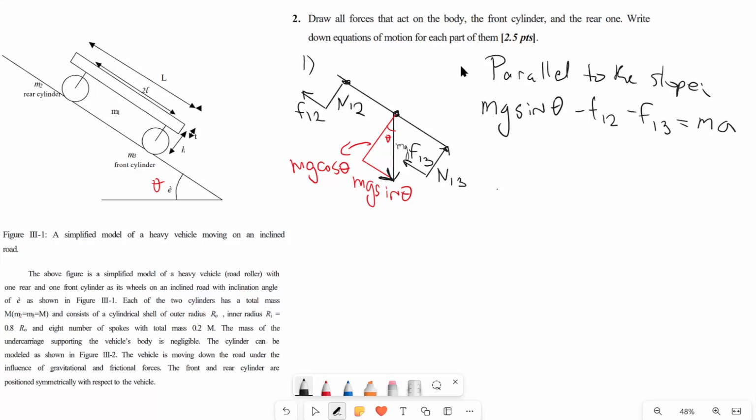This thing has a mass of m1, so I'm going to give some subscripts along here.